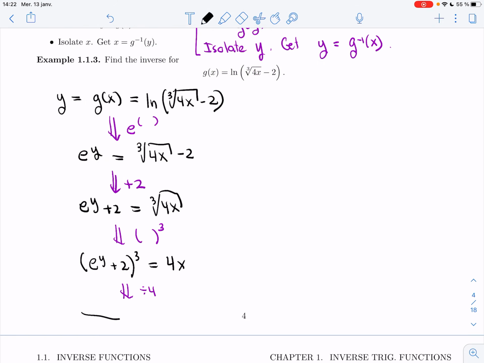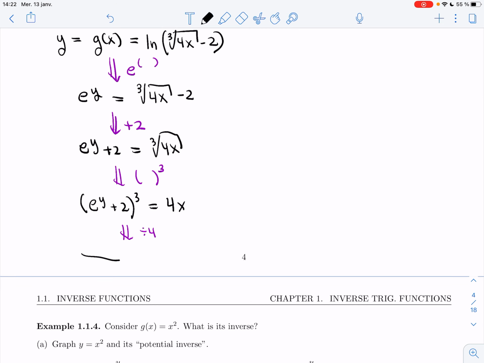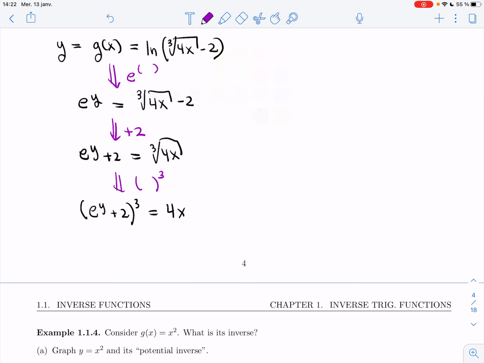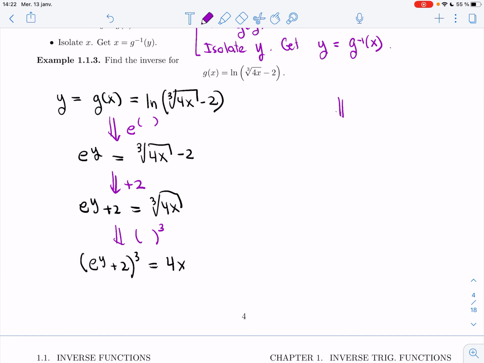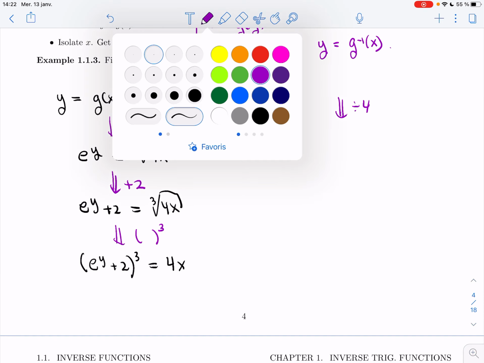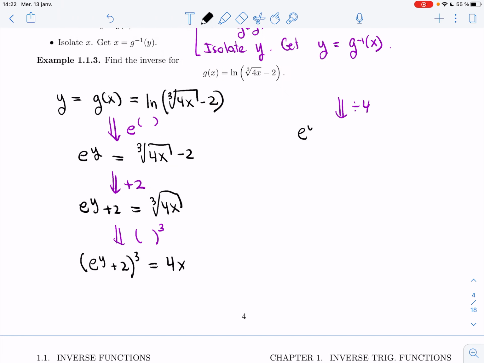And you get that e to the y plus 2, cubed, divided by 4 is x.